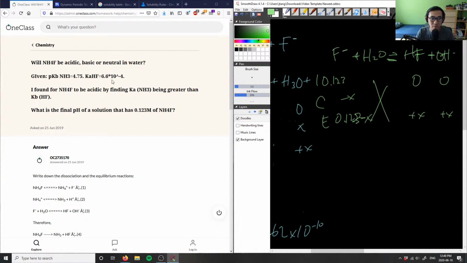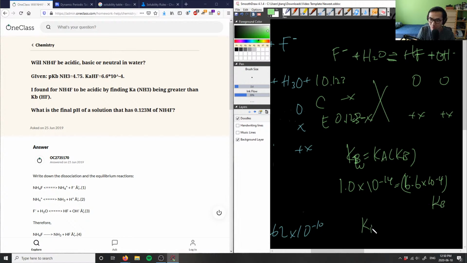So I would find the Kb value by doing Kb equals Kw divided by Ka. Kw is 10 to the negative 14, and Ka is 6.6 times 10 to the negative 4. Therefore, Kb is going to equal 1.0 times 10 to the negative 14 divided by 6.6 times 10 to the negative 4.